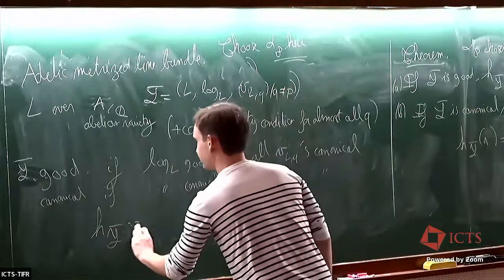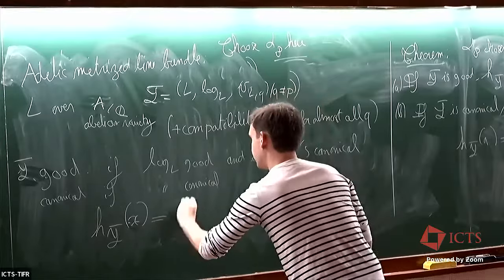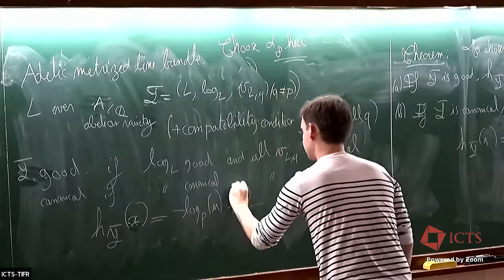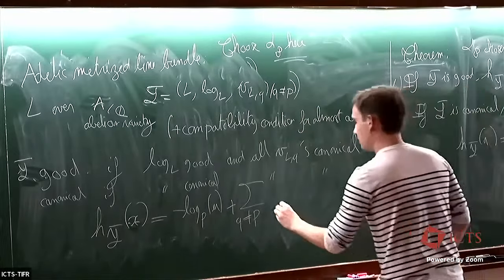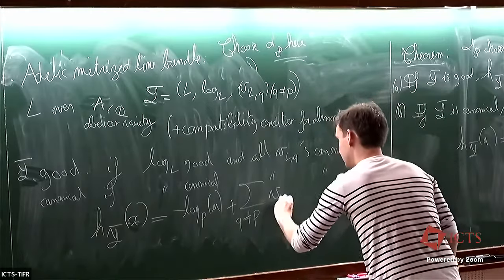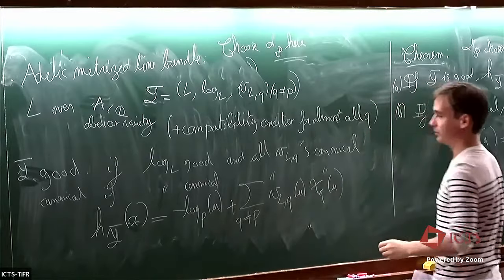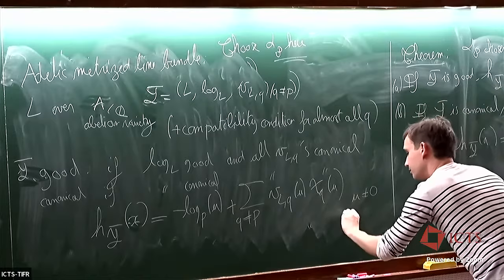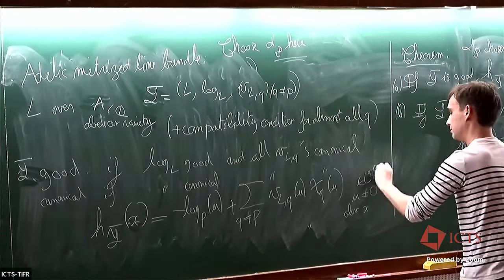The height of x is minus log p of u plus the sum for q different from p of v_{L,q} of u times the order at q of u, with u different from 0 above x and u inside L star of Q.